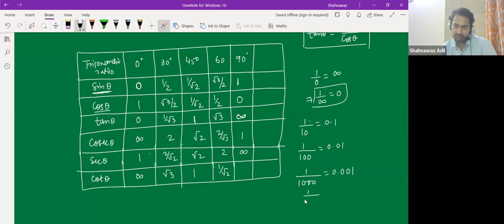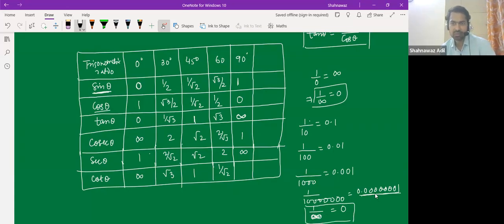And if I have a very large number, this would be 0.000000 something like that. So whenever I have a very large number, this will approach nearly zero, so this would be equal to zero. So this is the analogy of this. Clear, Amar? Yes, sir. Whenever your denominator is very large, then this would become very small.